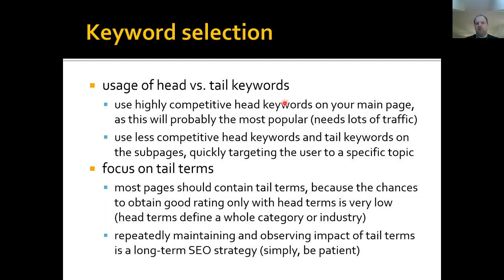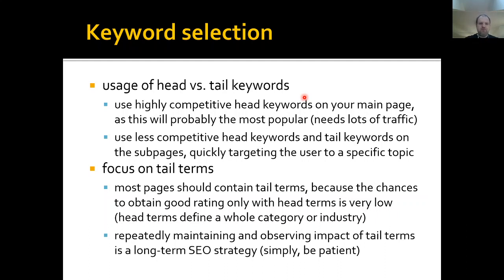But it is important to put the competitive keywords on the main page to attract the wide audience to see the page, because without this nobody will come to the page, not even the people that are interested in old cars racing, because there is no base to select users from.